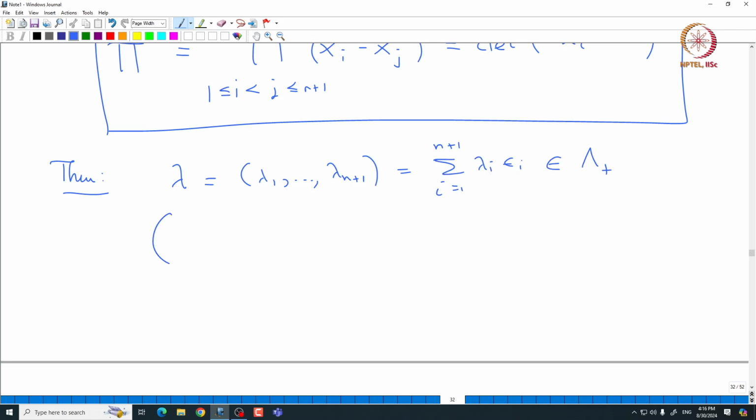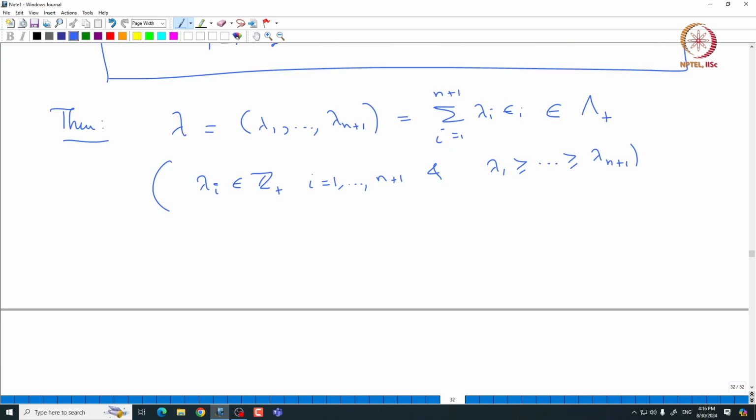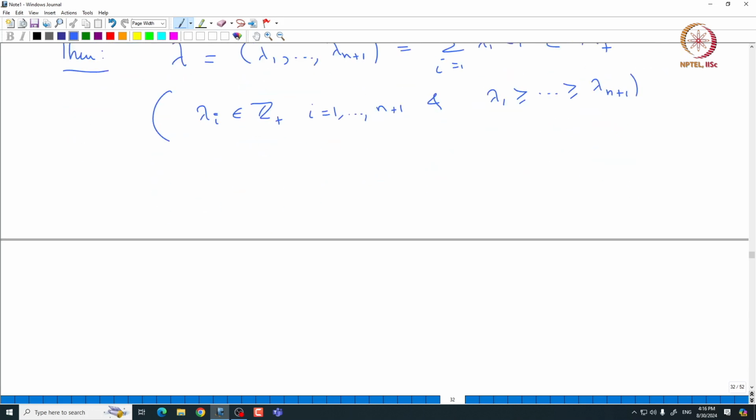That translates into all the λ_i being non-negative integers, and they are non-increasing: λ1 ≥ λ2 ≥ etcetera ≥ λ_{n+1}.